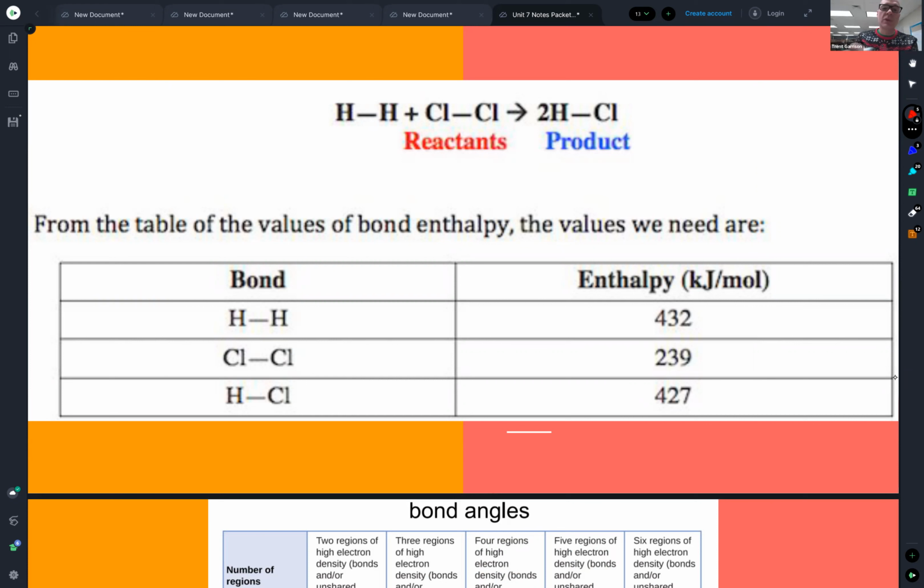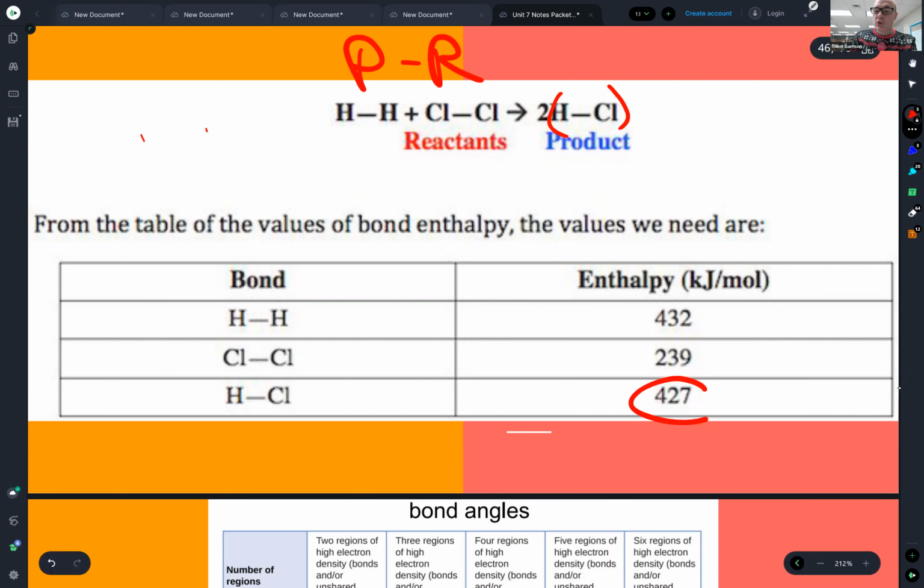What we have to know, though, is the overarching principle that to solve this mathematically, it's products minus reactants. So what we're going to do is we're going to look on this table and find the HCl. It says that it requires 427 kilojoules per mole. There are 2 moles in this reaction.